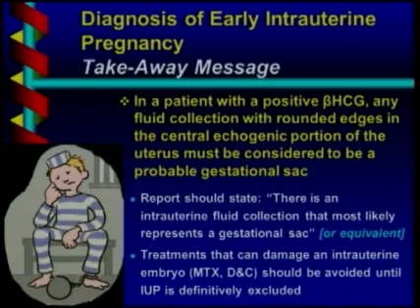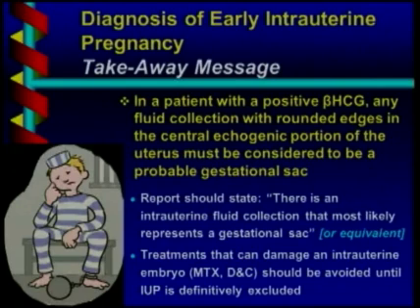So the takeaway message here is that in any patient with a positive pregnancy test who has a fluid collection with rounded edges in the central portion of the uterus, you have to consider it to be a probable or almost certain gestational sac, a 99% plus chance of being a gestational sac. And your report should state that there's an intrauterine fluid collection that most likely represents a gestational sac, or some equivalent language.